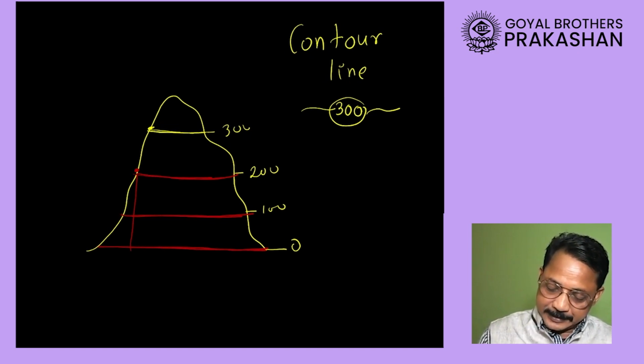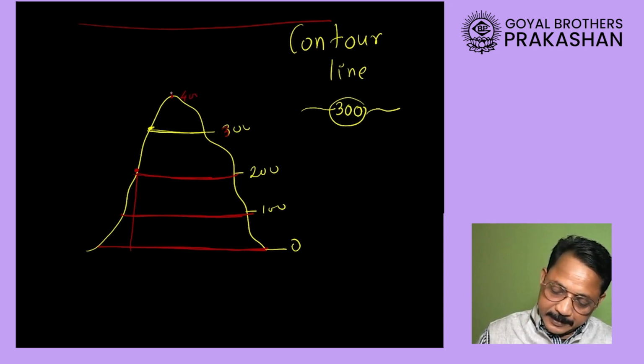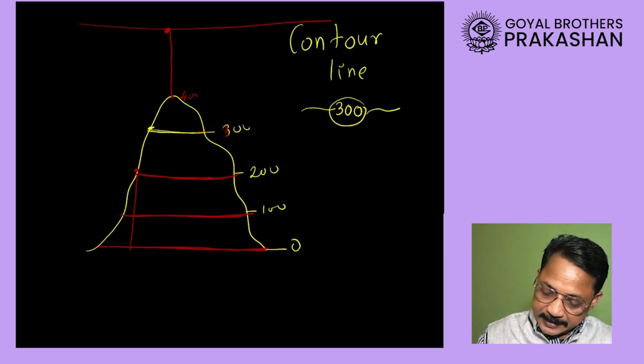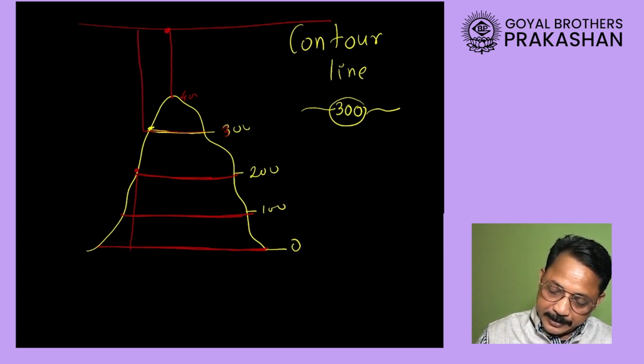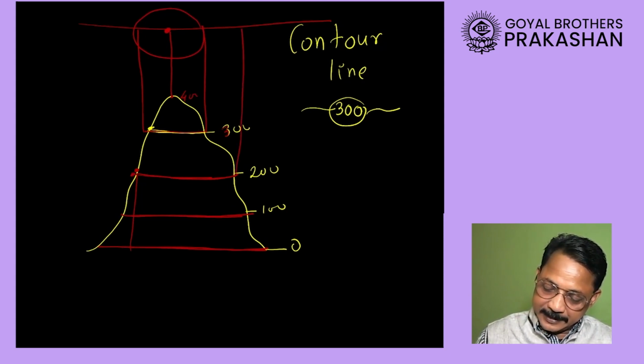Now, please understand a very interesting thing. Suppose I draw here one straight line, dear student, and if this is a tip, and this height is 300 meter, let us say this height is 400 meter. If I take a point here, then this line is indicating 300. If I join these lines with the above line, and now I take the 200 meter line up, this line is also connecting them.